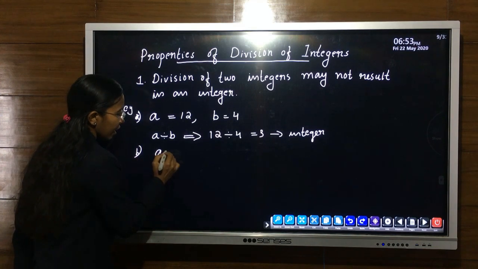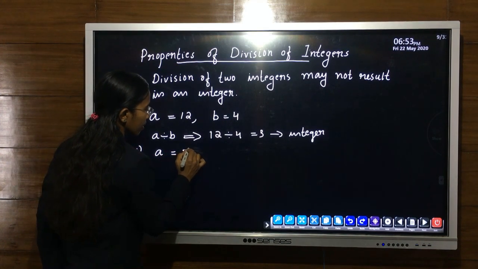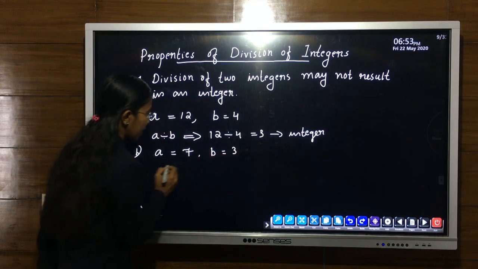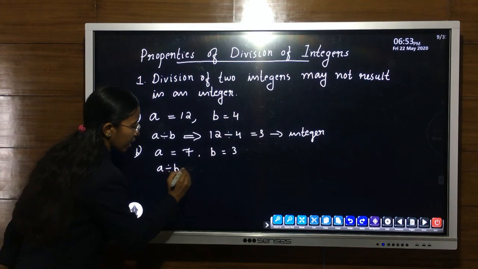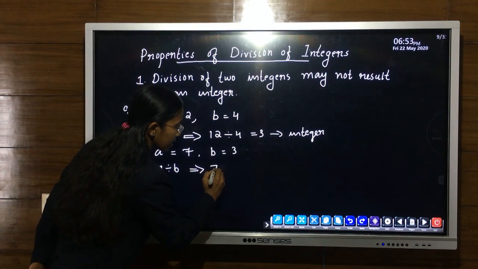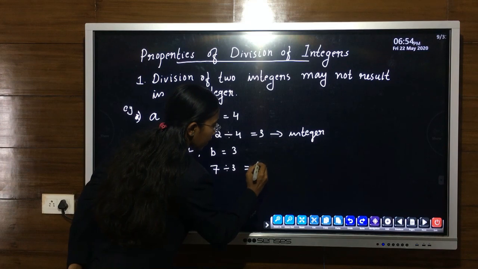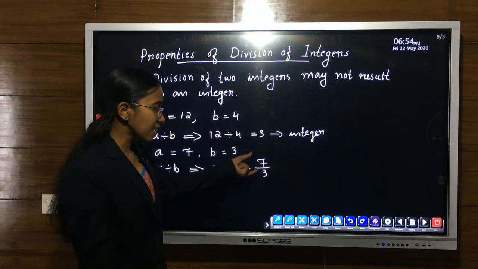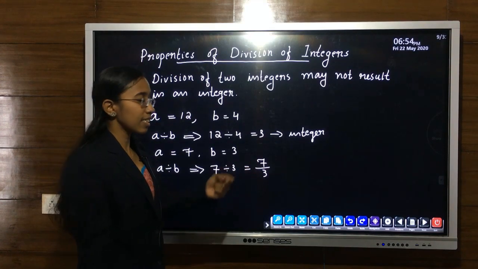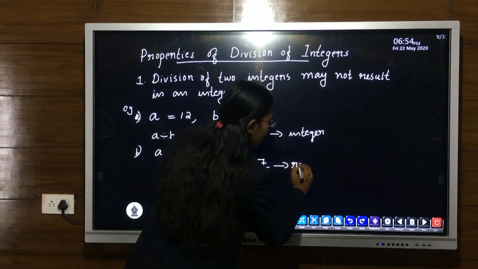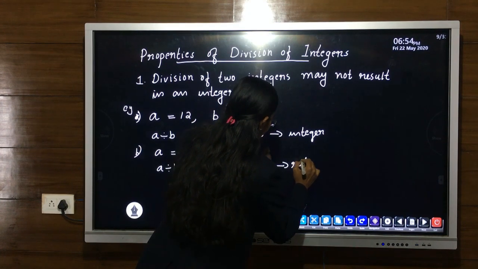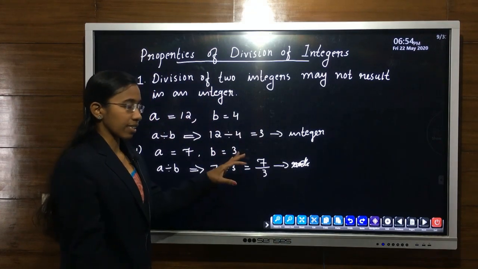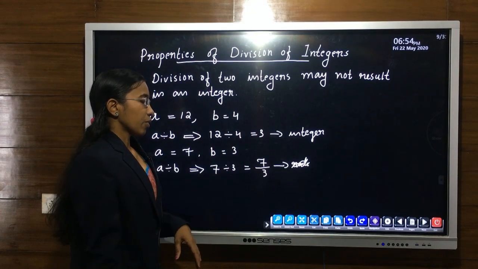Second example, I am taking a as 7 and b equal to 3. Then what is a divided by b? A divided by b implies 7 divided by 3. 7 divided by 3 is only a decimal value here. So this is just a rational number. This is not an integer. This is in the form of a rational number, decimal form only here. This is not exactly an integer value.